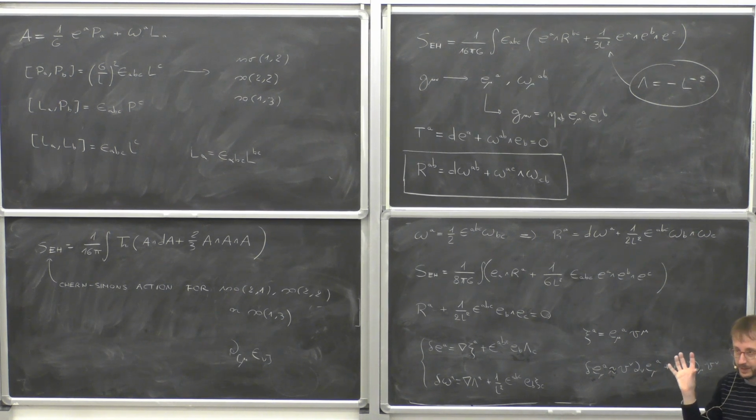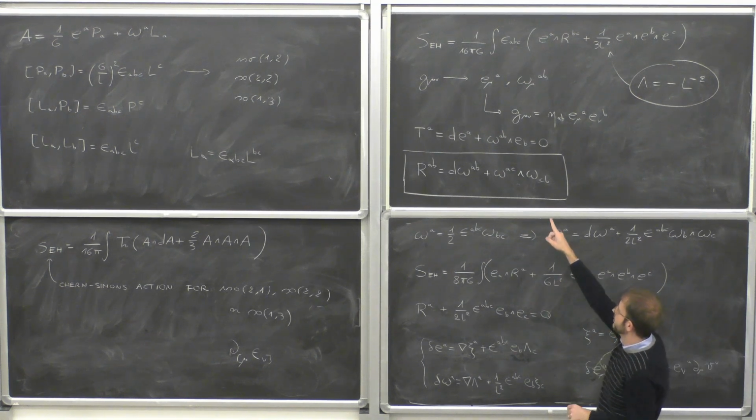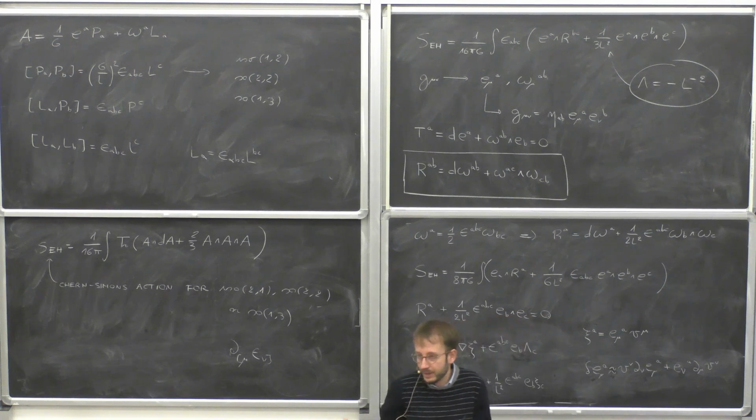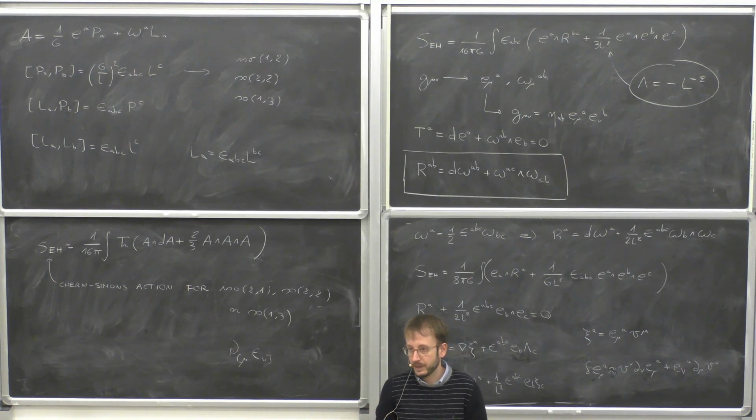These are the fields that encode completely the dynamics of the gravitational field. Then you can eliminate the spin connection, and you can just write Einstein equations, which are equations for e^a_mu, if you wish.